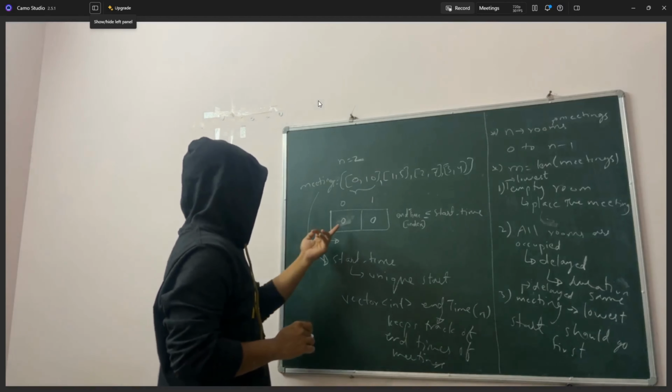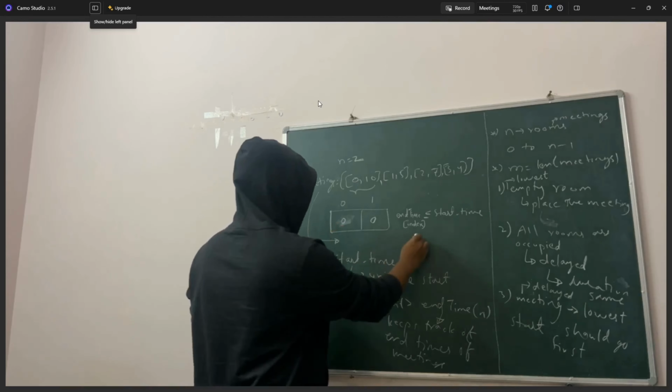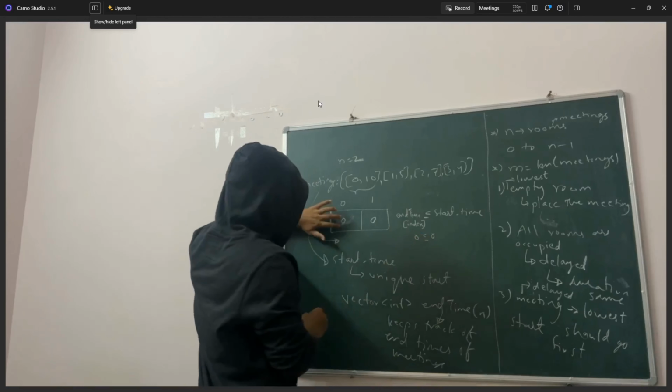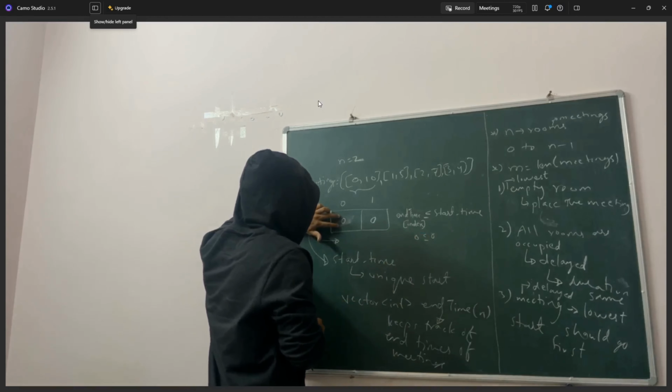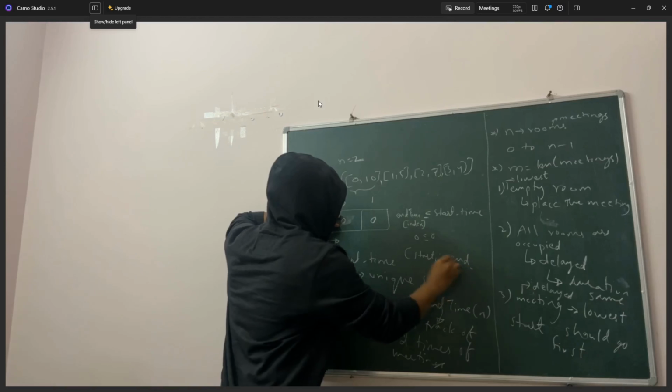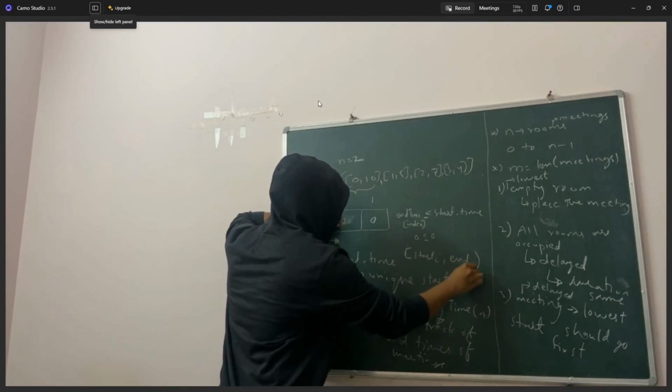So I'll see, here we have 0 and 0 is less than or equal to the start time, which is also 0. So this meeting is ending at 0, but in the question they've said start of i comma end of i, where this is square, this is included, this is not included.